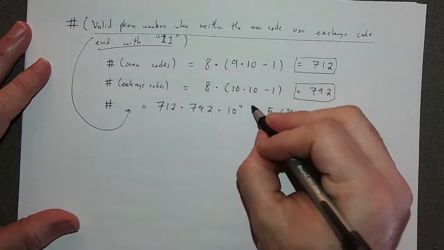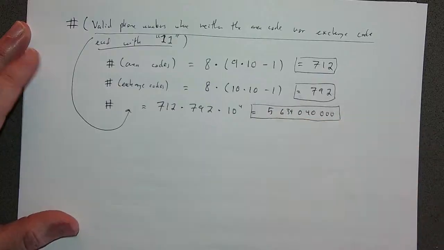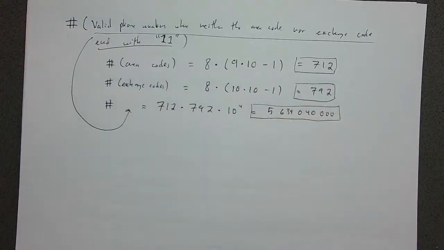So it slightly reduces the number of valid phone numbers, but not by too much. We could already service most of the world's population with this many digits following these rules.